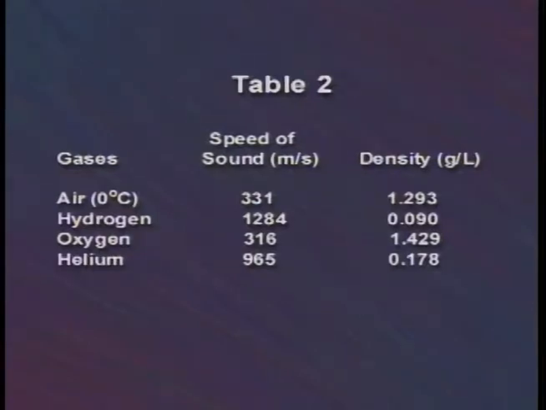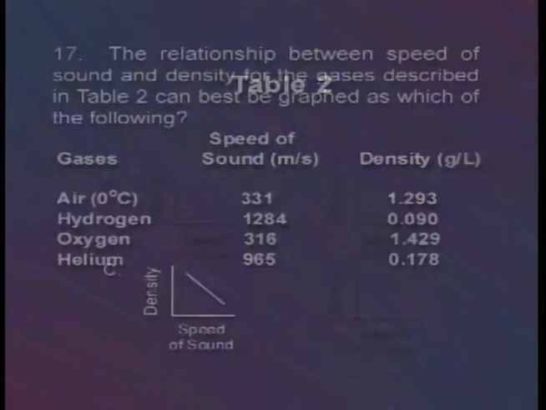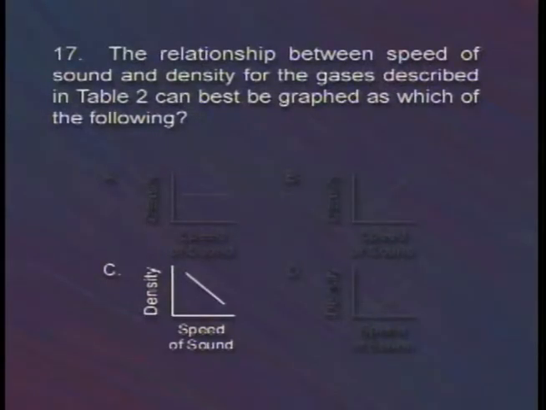Finally, the highest speed of sound, 1284 for hydrogen, corresponds to the lowest density, 0.90. Looking at our graph, it seems that there is an inverse relationship between speed of sound and density for gases. The best graph is contained in option C. The correct answer is C.